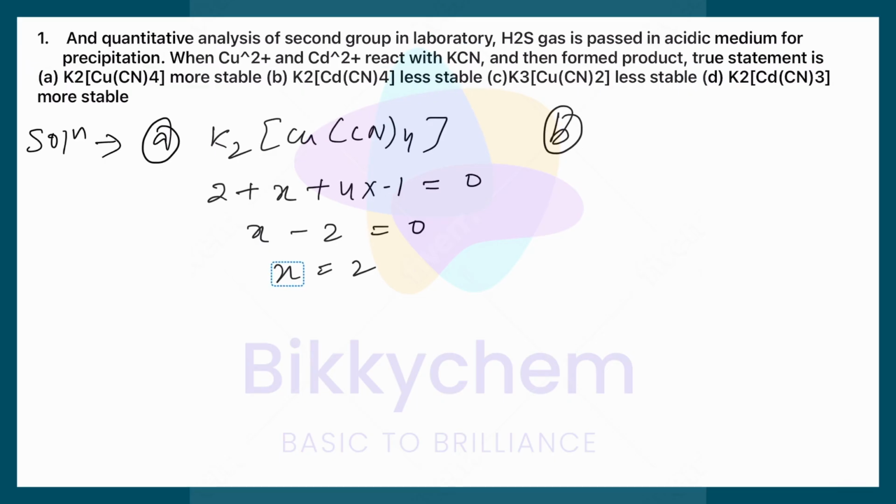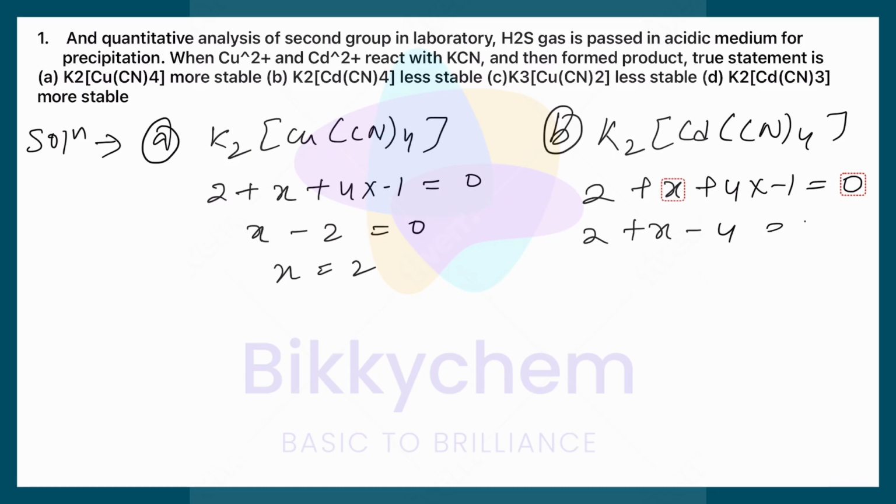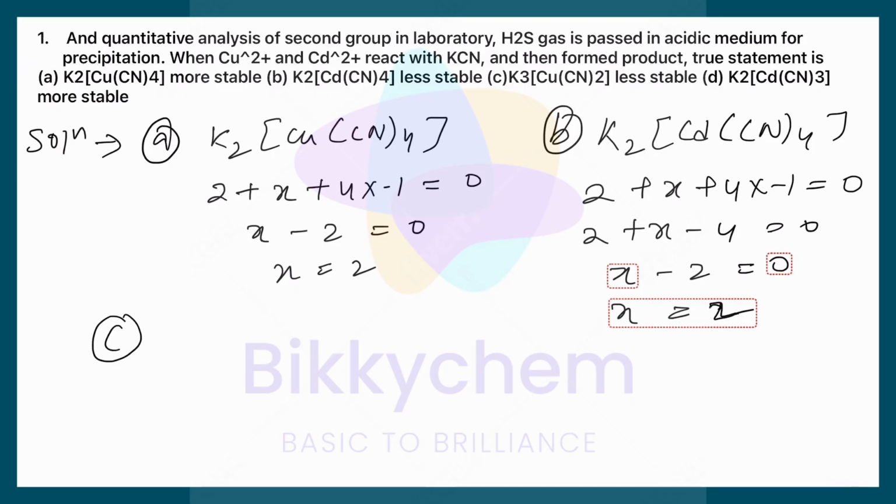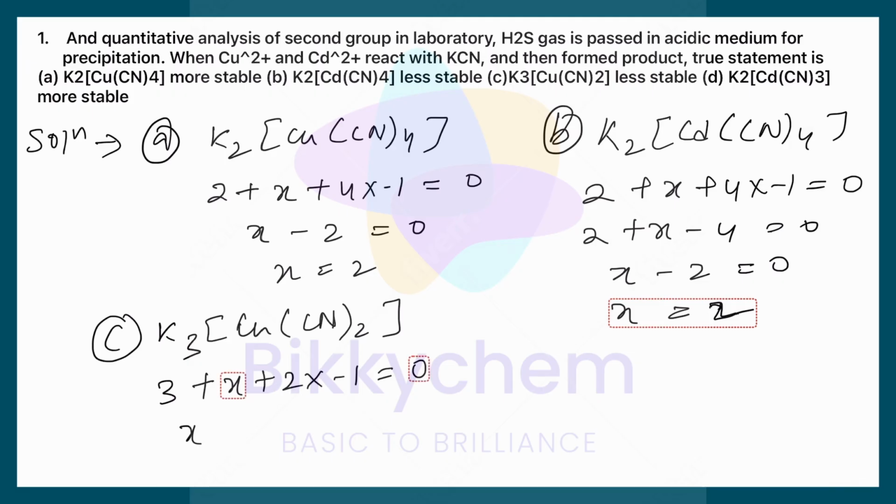B is... so this one is also stable. And C, K3... this is less stable.